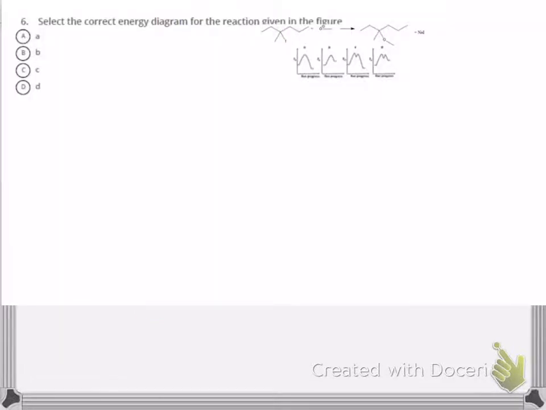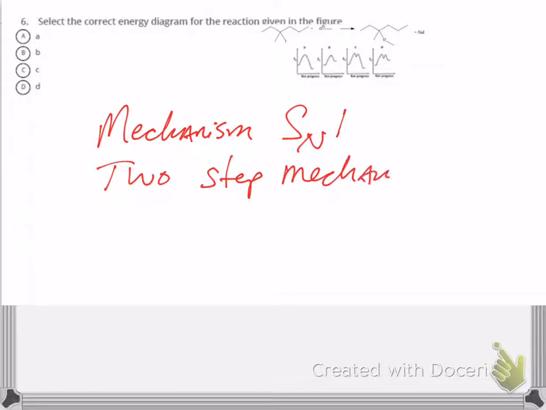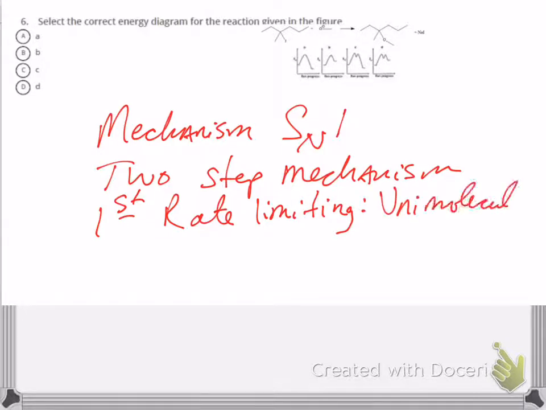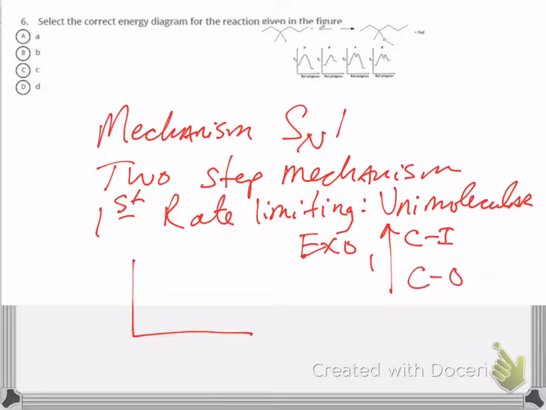Now we're asked to select the energy diagram for the other mechanism. This mechanism has already been established as SN1. This is going to be a 2-step mechanism in which the first step is the rate limiting step. This is the bond breaking of the substrate with the leaving group. We've already established that it's exothermic because it's C-I bond versus C-O. Potential energy would rank this way.